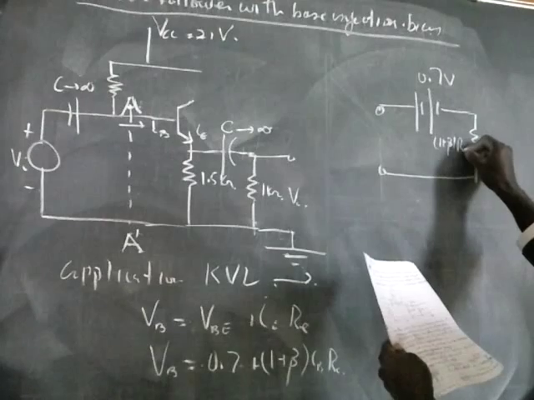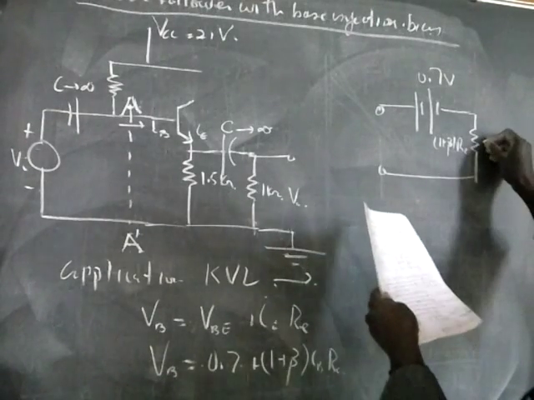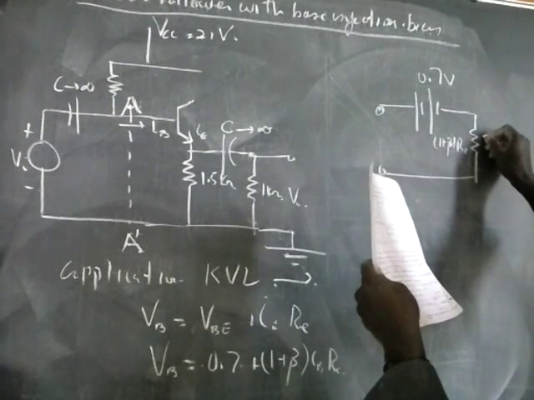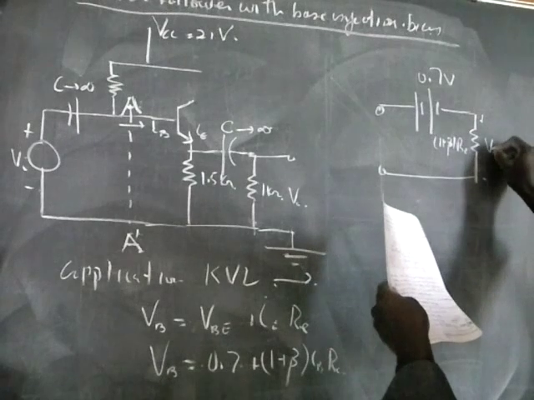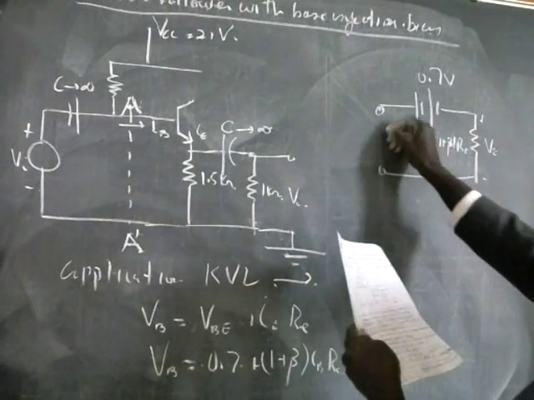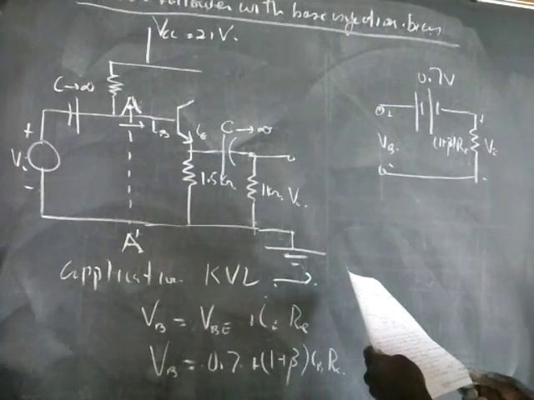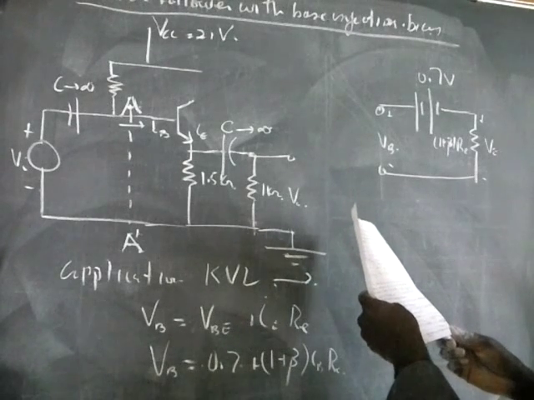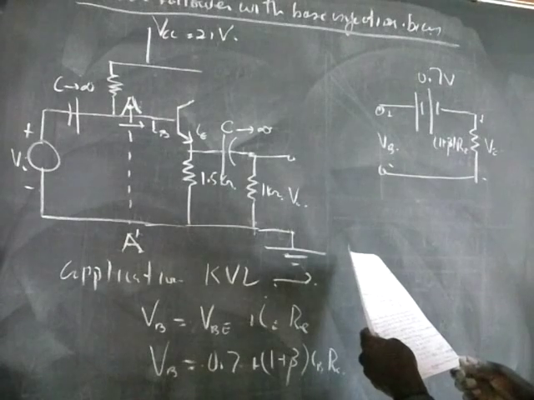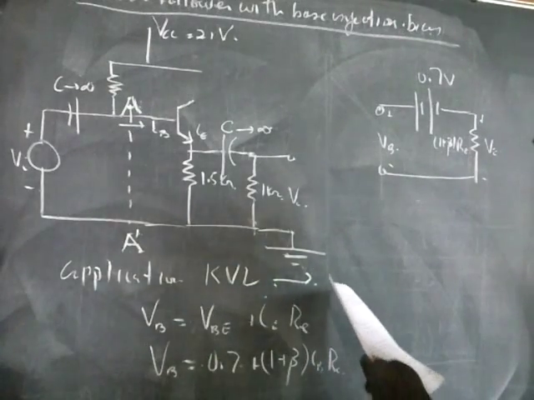One plus beta R. This is the equivalent circuit looking into the base terminal.